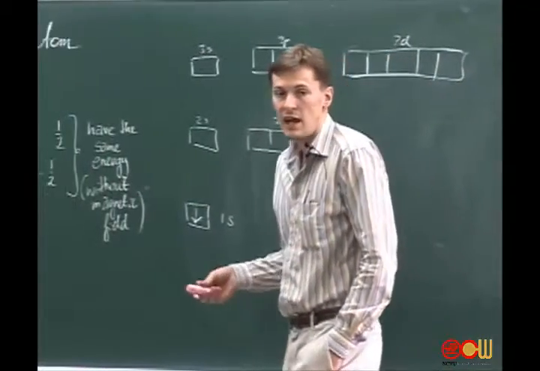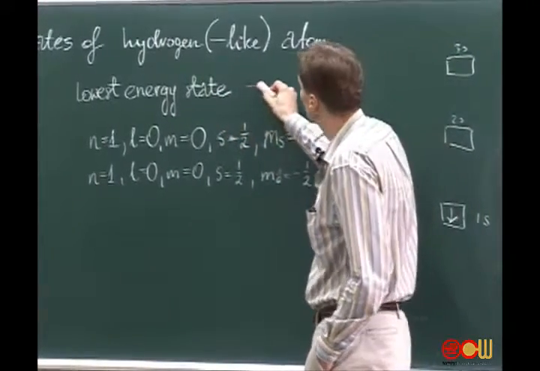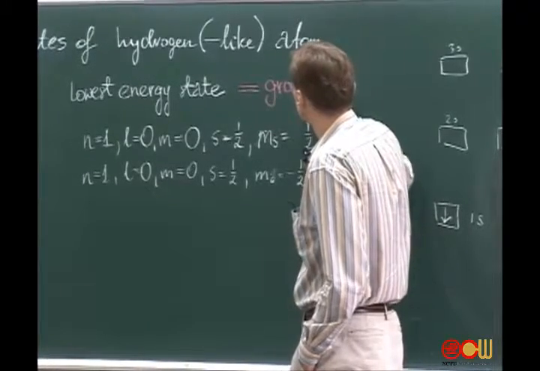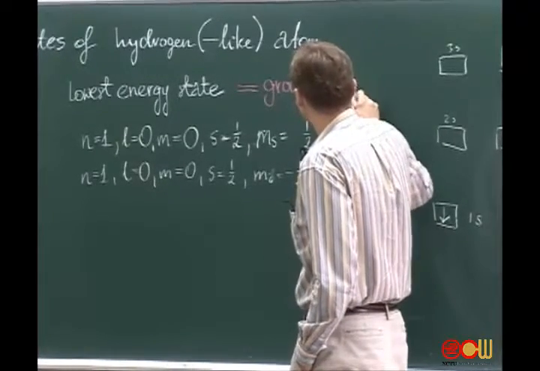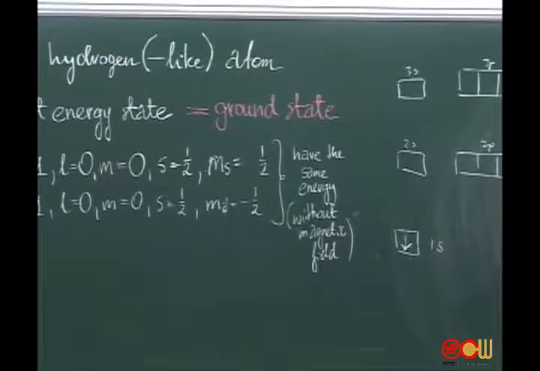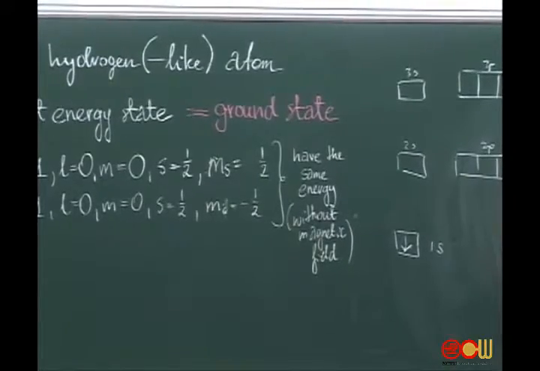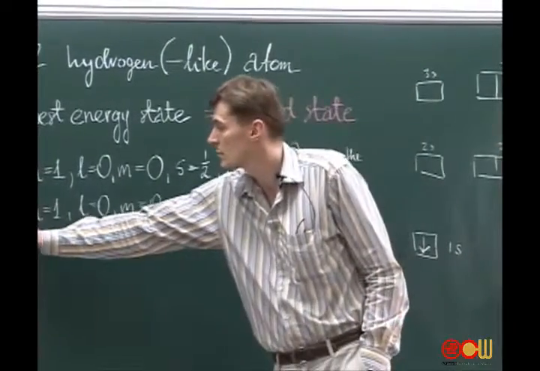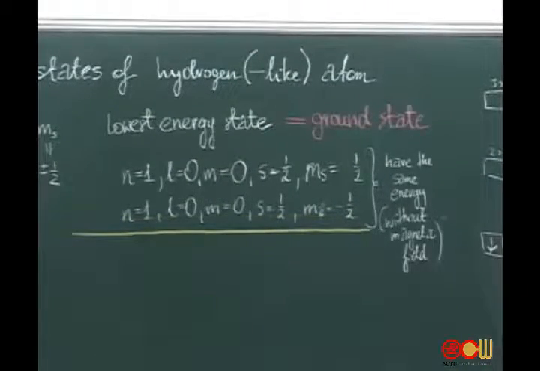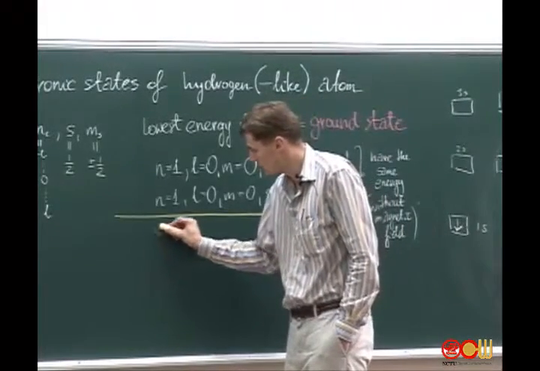The lowest energy state of any atom or any molecule is called the ground state. Everything that is not the ground state, which has higher energy, is called an excited state.